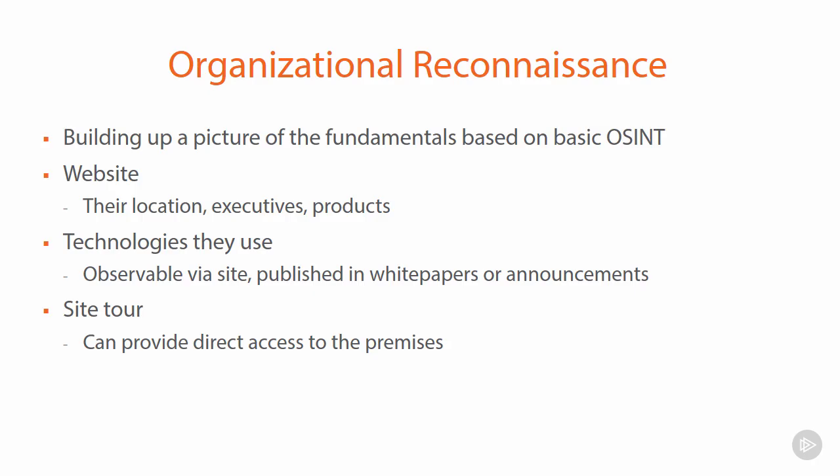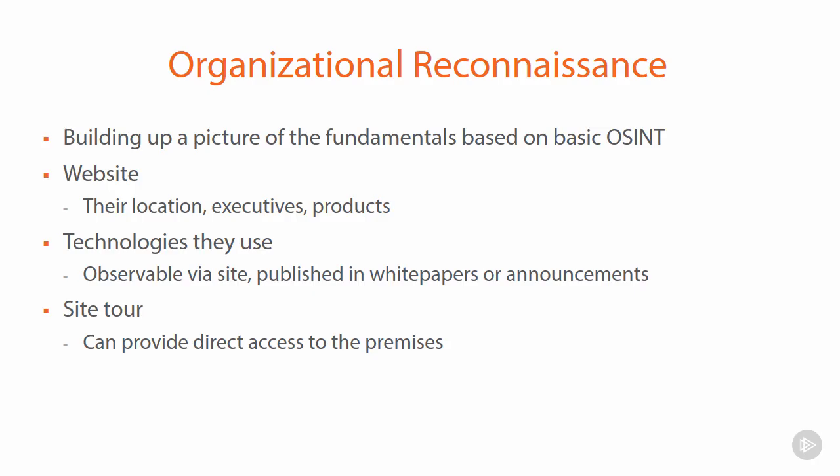This is just a starting point though. There's a whole raft of other sources where organizational information can be discovered. For example, publicly listed companies have annual returns. Those sorts of documents often hold extensive information about the operations of the company. Now, that information in and of itself may not be directly useful to the social engineer, but it can become the gateway to the next piece of information.